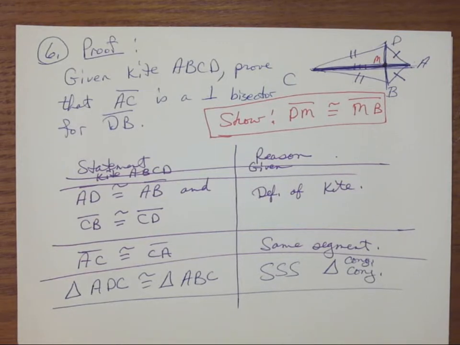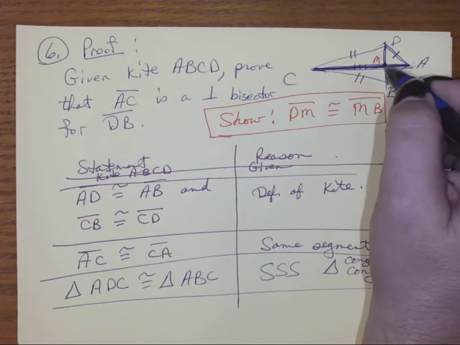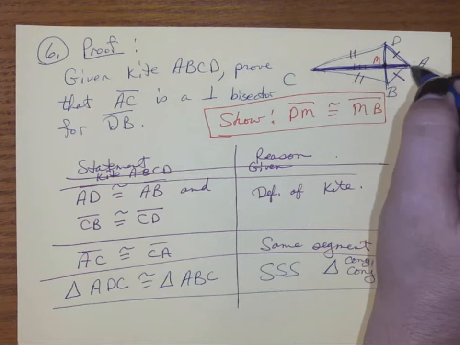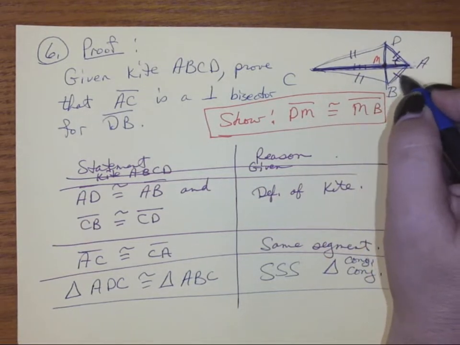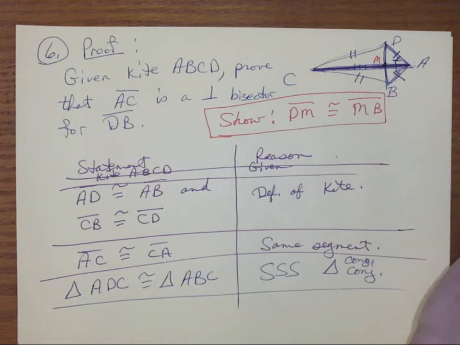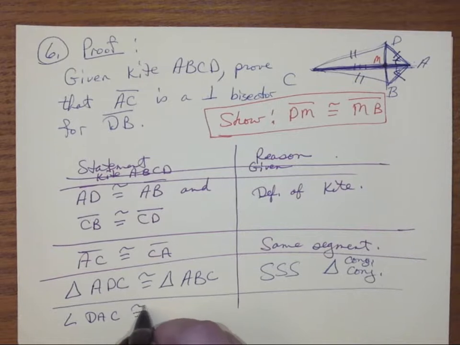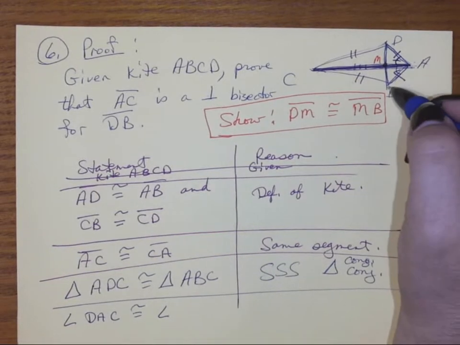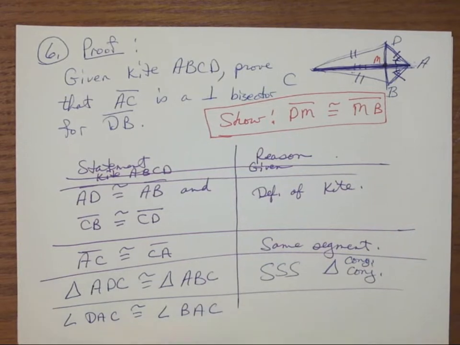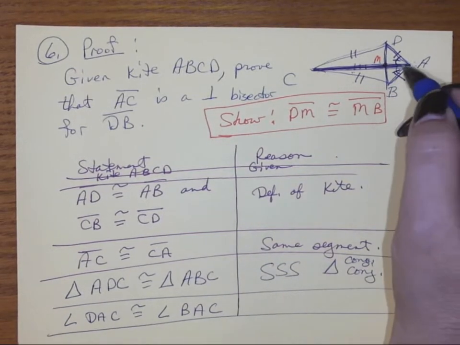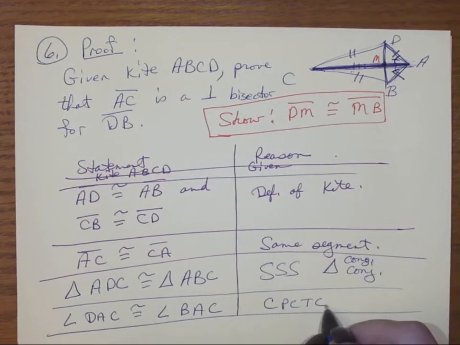So this angle up here, DAC, is congruent to angle BAC, because they're corresponding parts of congruent triangles, so CPCTC.